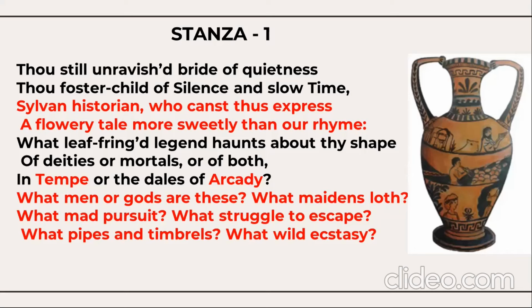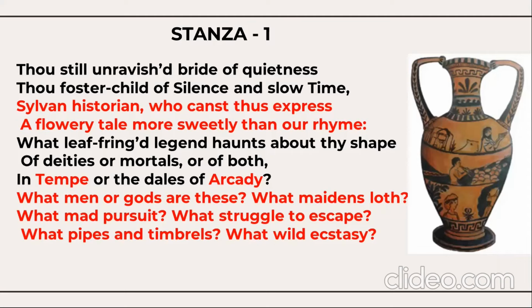Now the image or the scene on the urn portrays the history of Greece. Let's try to understand. The images or the scenes which are on this urn, what are they portraying? They are portraying the history of Greece. So these images express a beautiful story, and these images are more impressive than the poet's poetry.